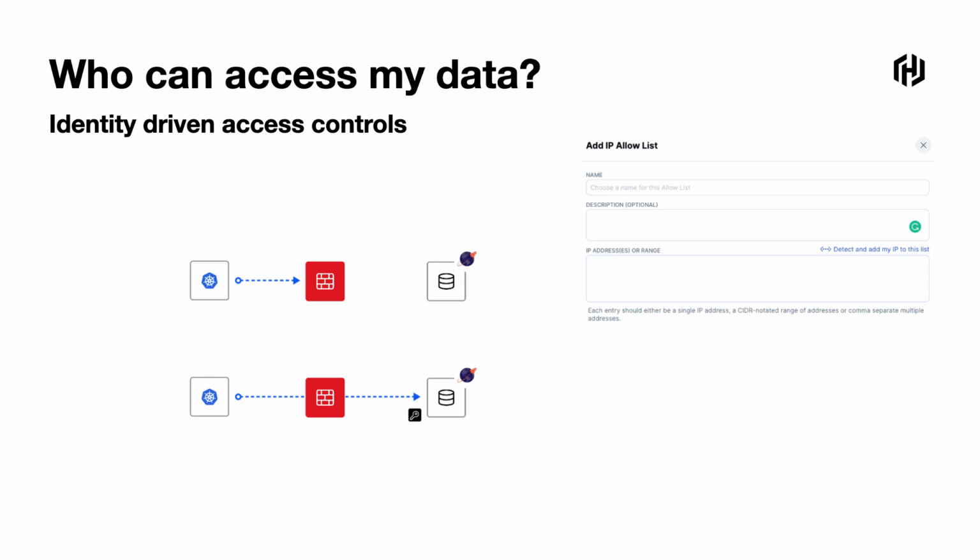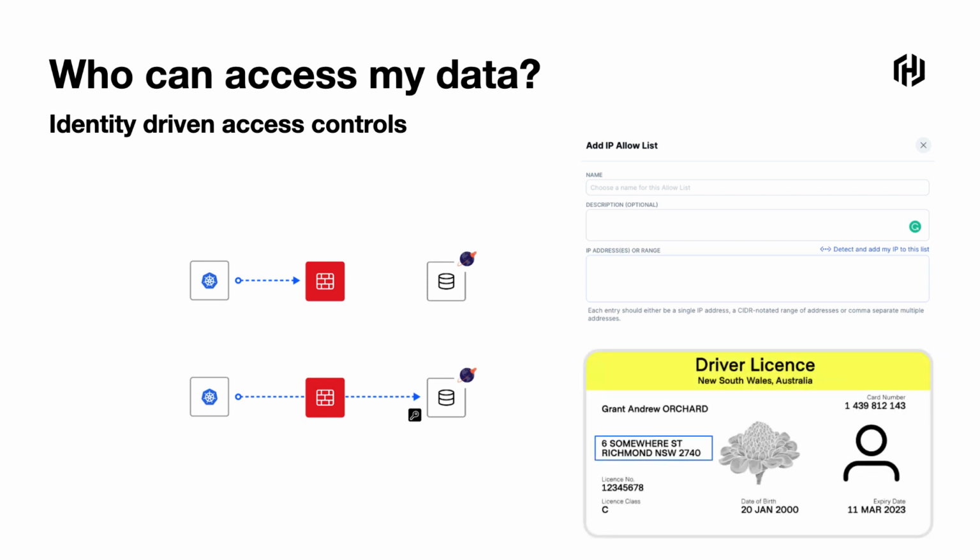Now, part of the challenge with using IPs here is that this all comes back to the previous example, which is the idea of identity. When we talk about IP addresses, there's no guarantee that it's actually Grant Orchard who's trying to connect to the database, or that it's my product service, my product API, that's trying to communicate with my database.